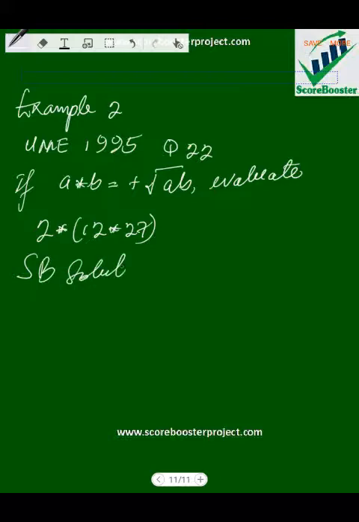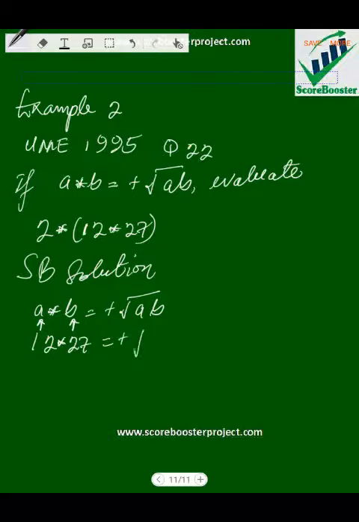Score booster solution. So first of all, let's solve the problem in bracket. So let's rewrite the formula that we are given, square root of AB. So in brackets it says 12 star 27, so it means your A is 12, your B is 27. So you're going to have the square root of 12 times 27.